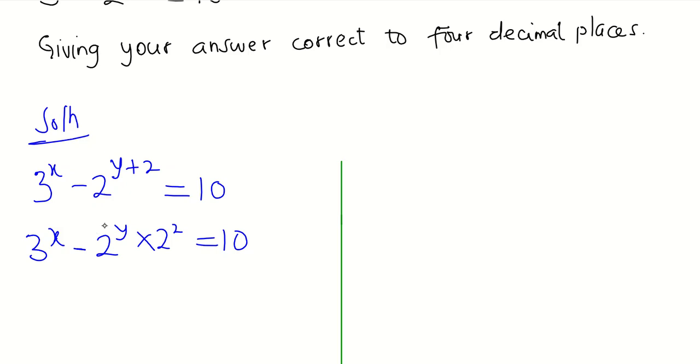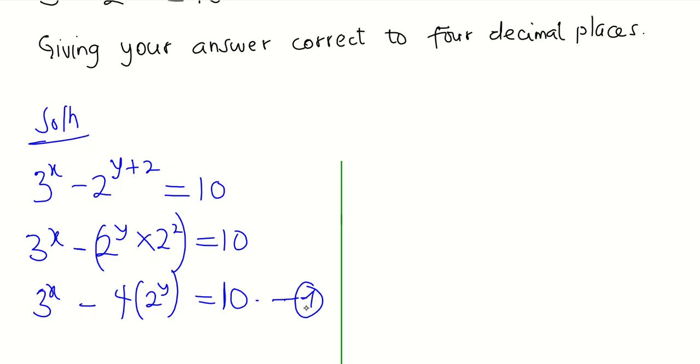Not to confuse us, we can put this in brackets. Now at this point, we know 3^x is going to be maintained, and 2^2 is the same as 4, which means 4 now is going to multiply 2^y, and we have 10 here. This is the simplified version of this, so we can label this one as equation 1.